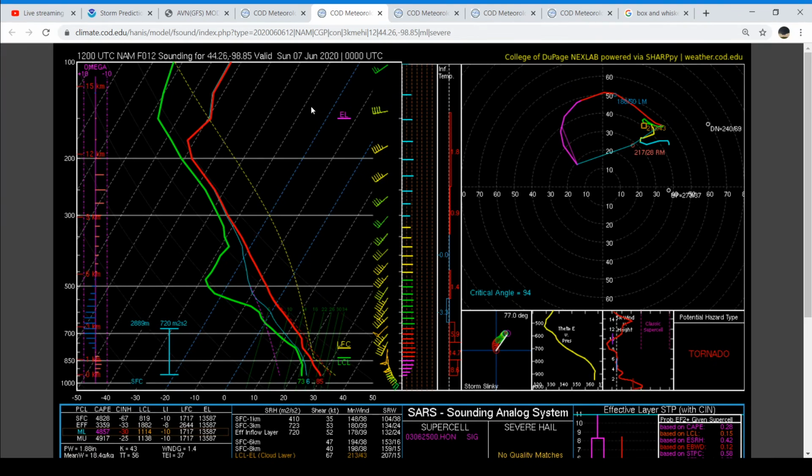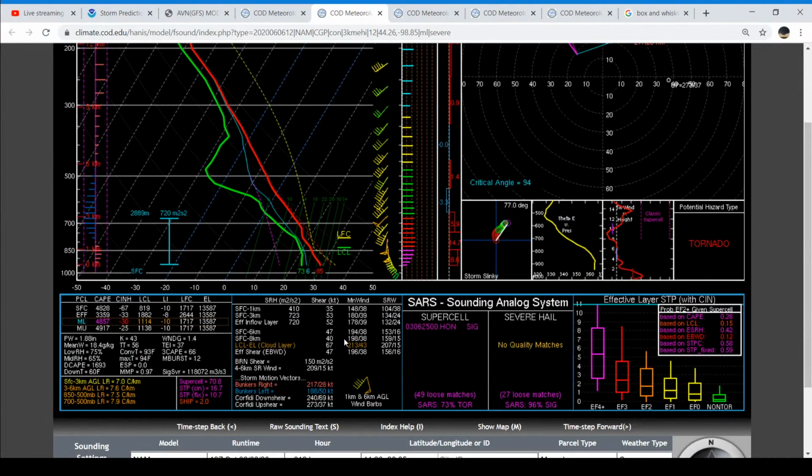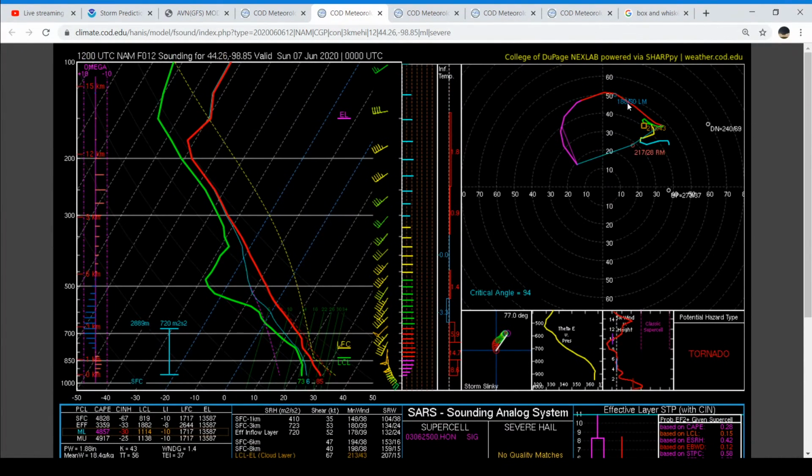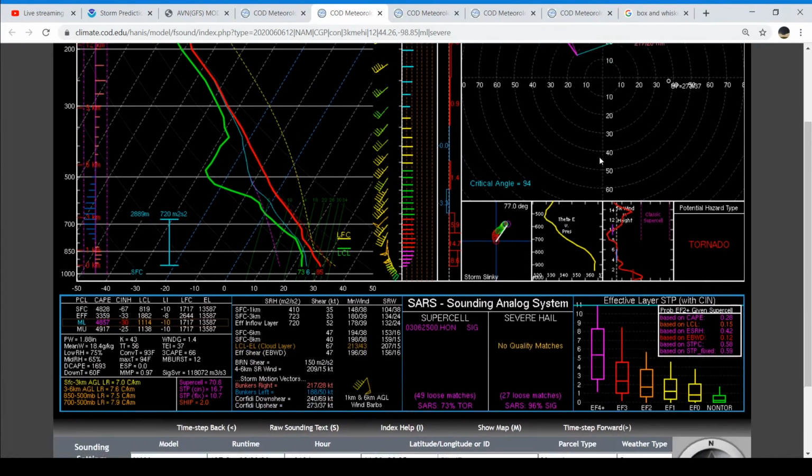And looking at this, it looks a lot better. LCL heights are relatively lower. LFC heights are not too much higher. If we look at the curvature of this hodograph, that looks great. You see strong low level shear and upper level shear.